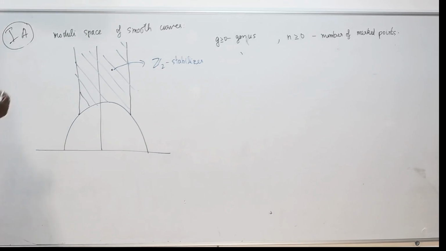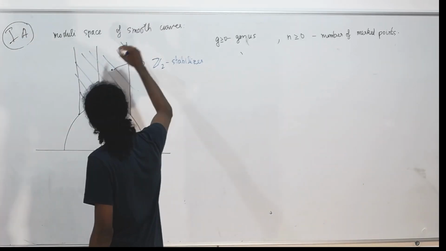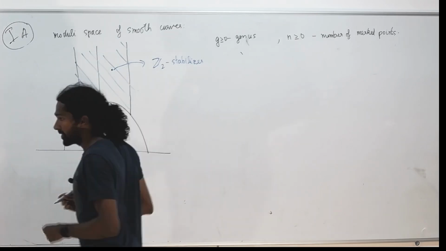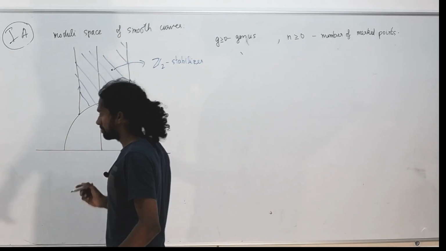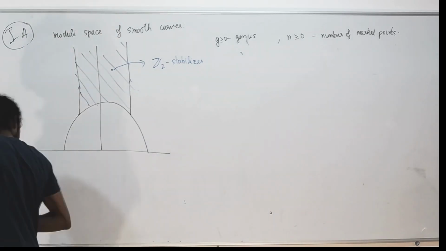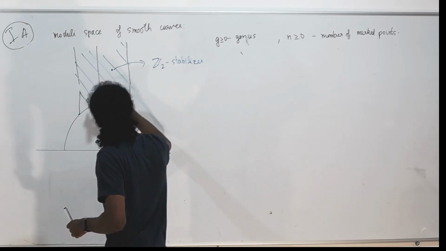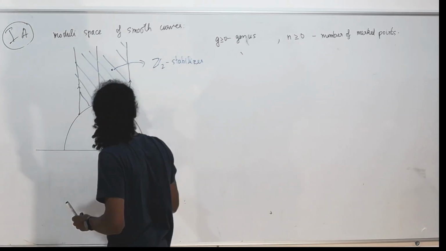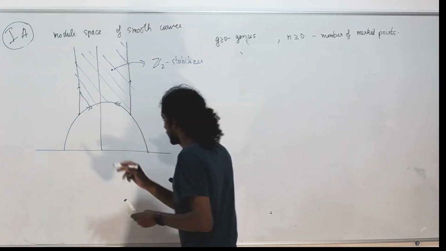There are some special points now. Sorry, I have to say these are glued together. This is the same as this one, and this is actually glued. This is a unit circle.